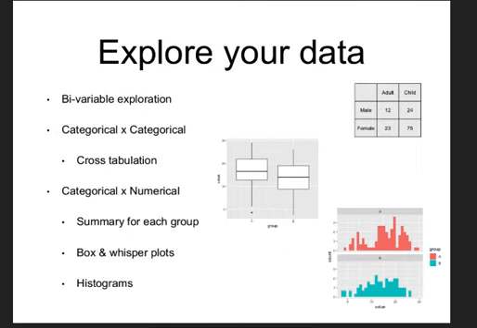Then the next stage is to do what I call bivariable exploration. So then we start plotting things against other things and tabulating things. Tabulating here, I've plotted gender against adult and child, and so it lets me start to have insights on what I've got. Check that against other records from the study to make sure that I haven't coded something incorrectly or whatever.